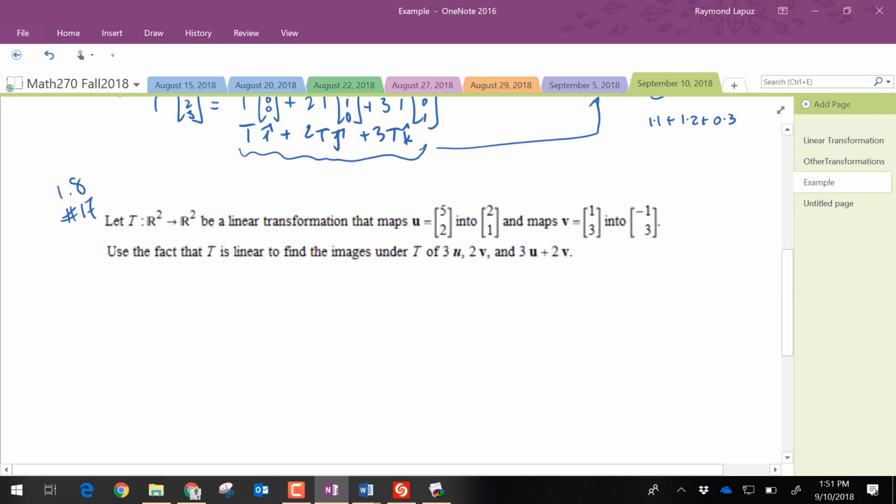Using the fact that it's a linear transformation, find T of 3u, 2v, and 3u plus 2v.